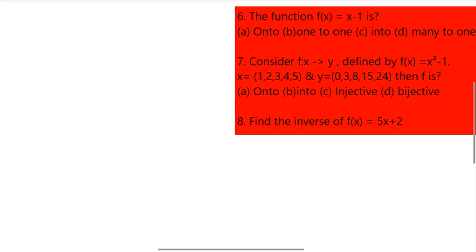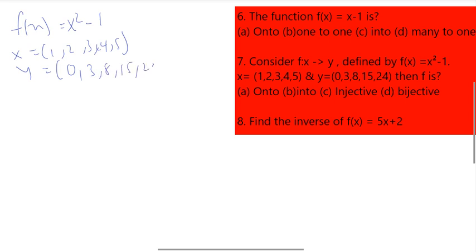Consider f defined by f of x is equal to x squared minus 1. X is equal to 1, 2, 3, 4 and 5, and y is equal to 0, 3, 8, 15 and 24.